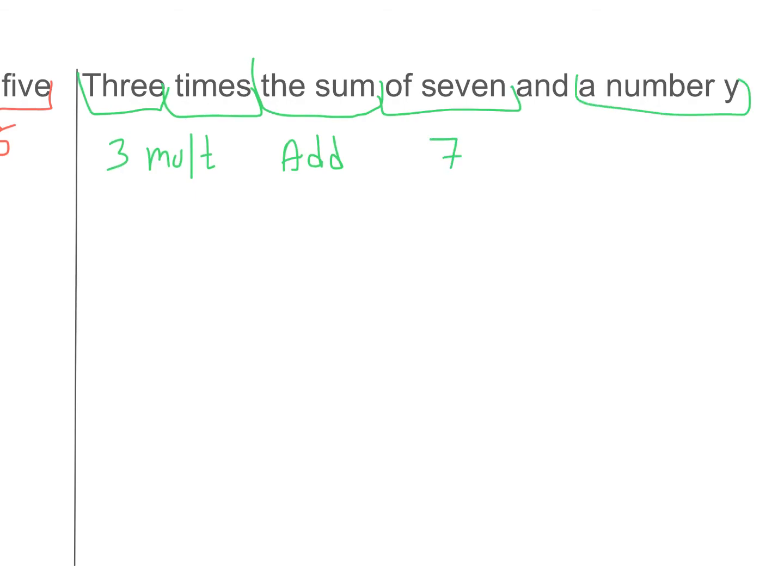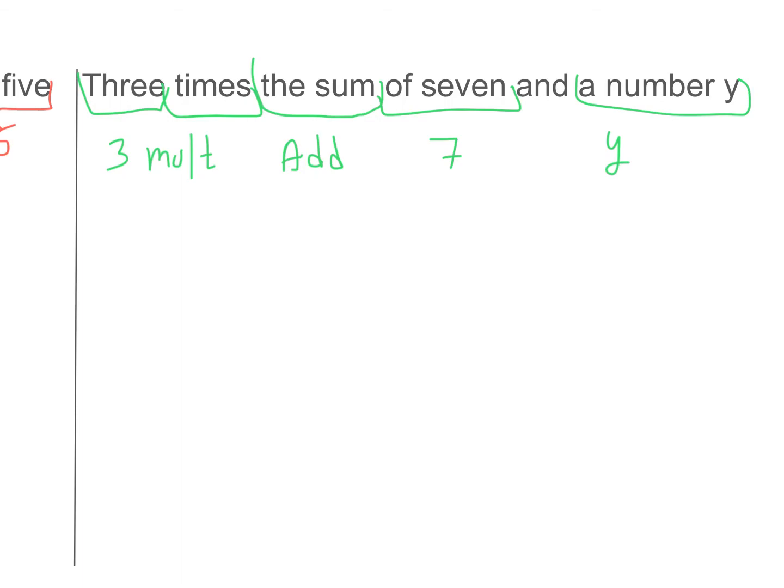And the number y. Now, when we look at this, we're looking at 3 multiply add. So we're going to ignore this part right now because I can't 3 multiply add something. So let's take a look at this. Add 7 and y. That makes sense. I can do this. So let's take a look and do this out first.